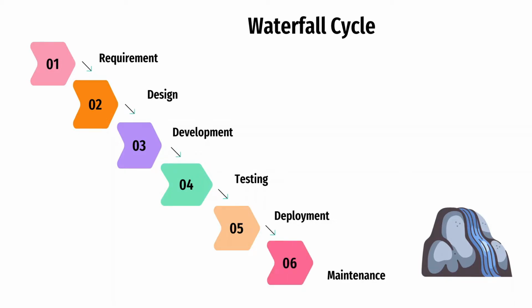This is the observation we also made for SDLC, right? What exactly differs in the waterfall cycle is that after requirement, during the requirement discussion, we do something called a feasibility study. A feasibility study is a study to make sure whether the requirement the client brings up can be done.